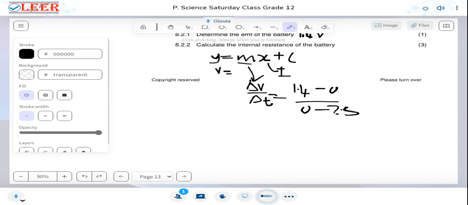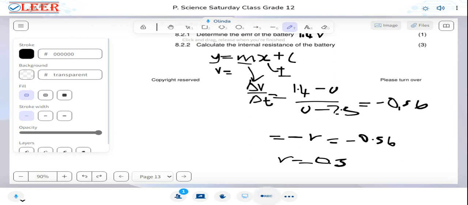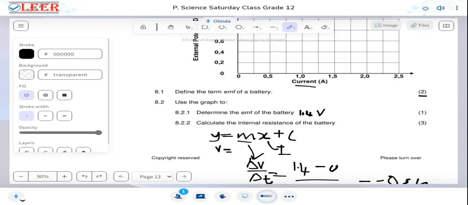And that is equals to negative 0.56, okay? Our gradient is equals to negative r, which is equals to negative 0.56. So our resistance is then equals to 0.56.